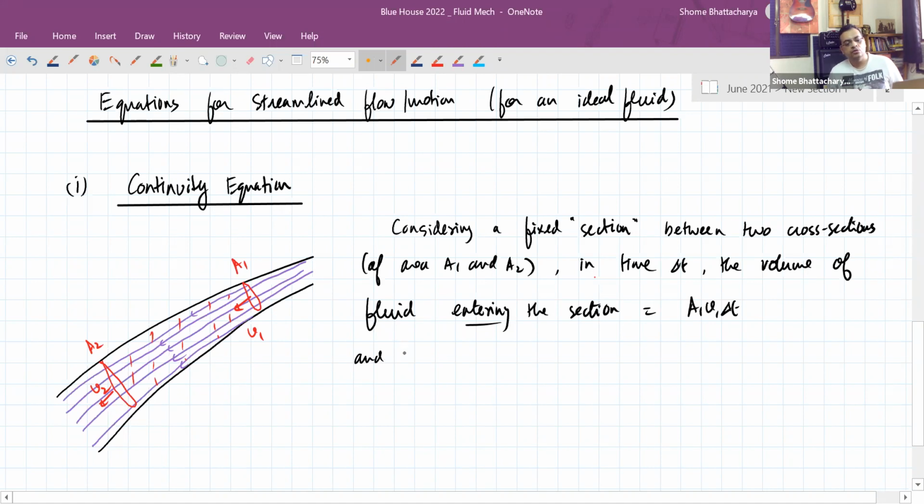Okay. And the volume of fluid exiting the section will be equal to A2 V2 delta t. Okay.